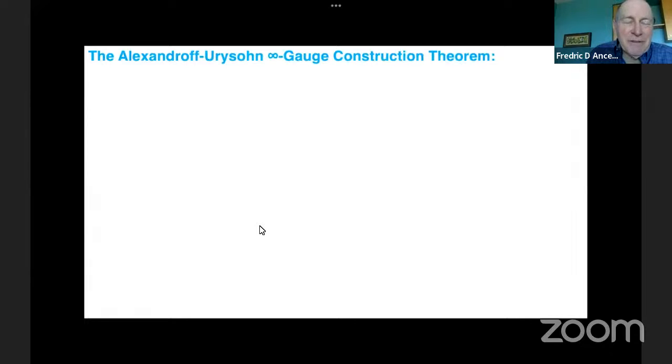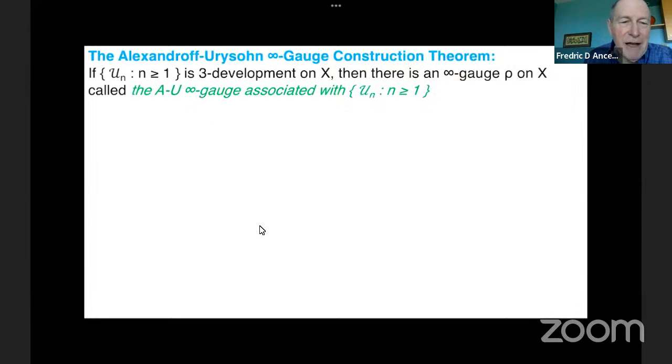Okay, so now Alexandrov and Urysohn proposed a method, looking at it from the modern perspective, for defining infinity gauges. If I have a 3 development, you can associate an infinity gauge with it. I called it the AU infinity gauge associated with this development.